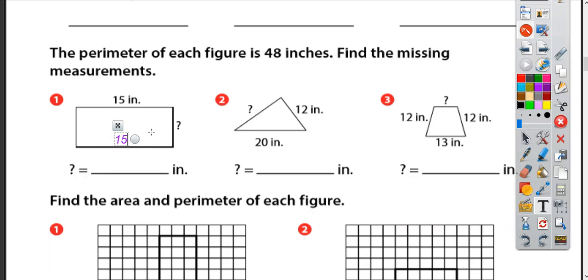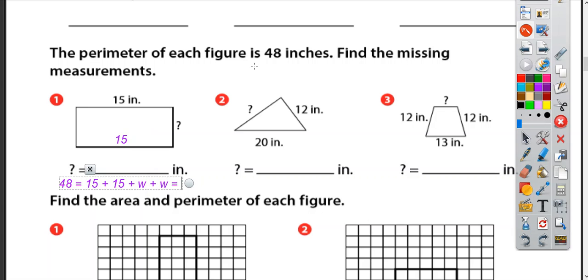I do not know the lengths of those two sides. So since they said 48 is the perimeter, it will equal 15 plus 15 plus the width, I don't know what the width is, plus the other side of the width.